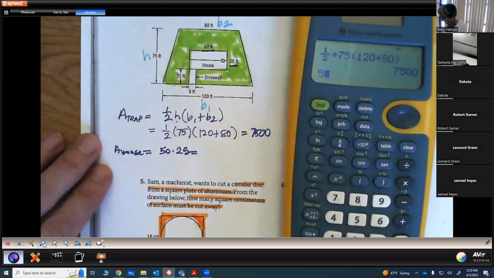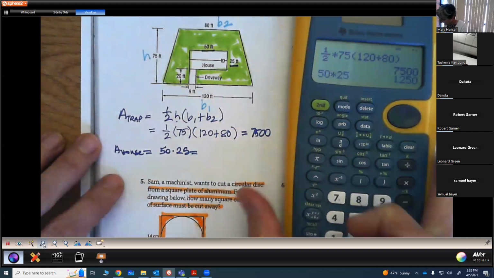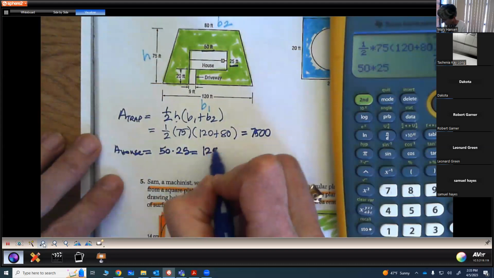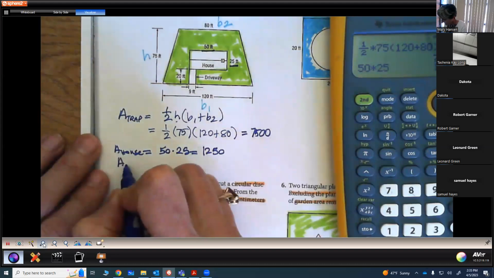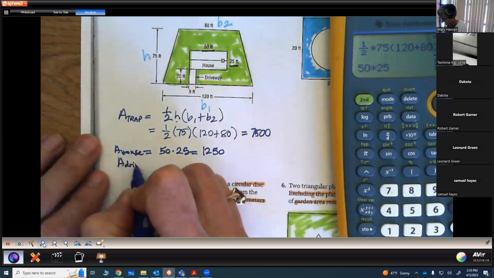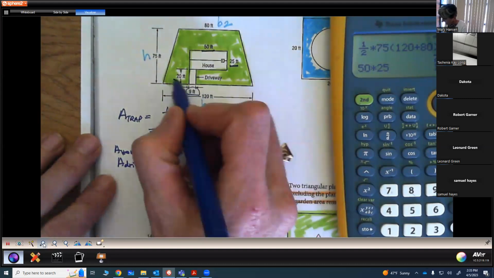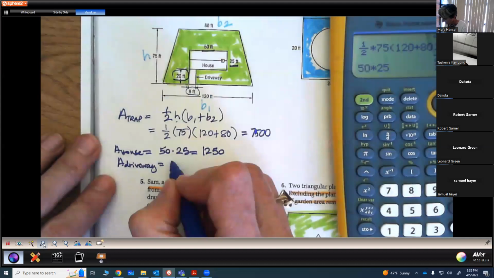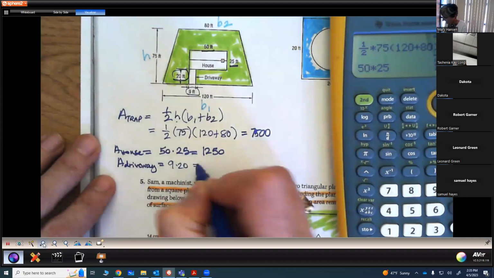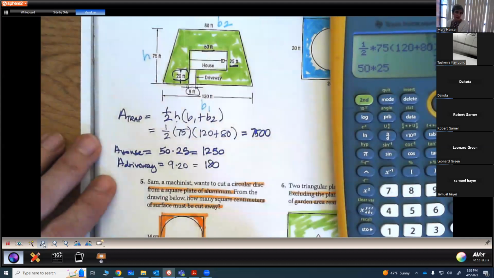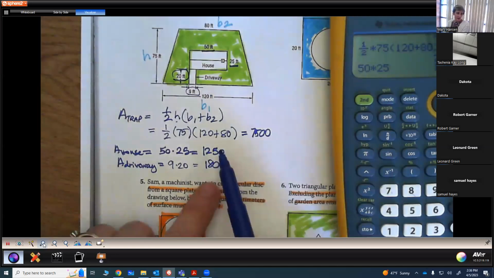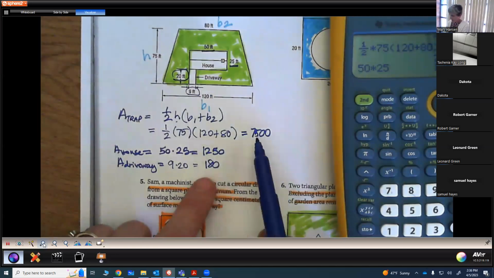And 50 times 25 is 1250. And then we want to find the area of the driveway. That is 9 and 20, which is 180. And so we want to take these 2 values and subtract them out of the 7,500.